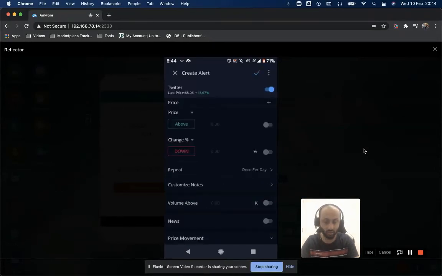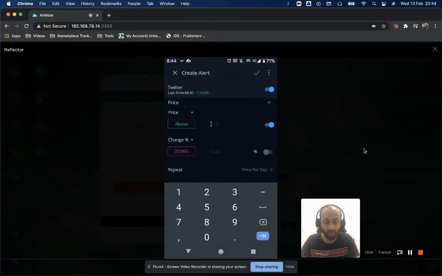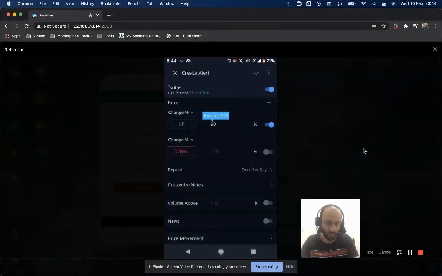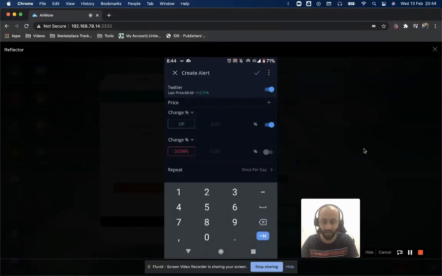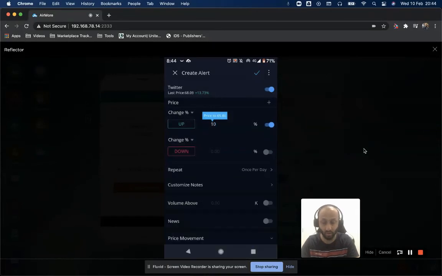And alert's kind of cool. It can give you alerts of when the price moves up by a certain amount, like for instance it goes to $90, it's at 68, right? So it tells you if it moves up by 32%, or you can change this by percent. So you get an alert that the price moved up by 10%, or the price went down by 10%, right?